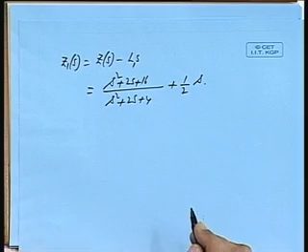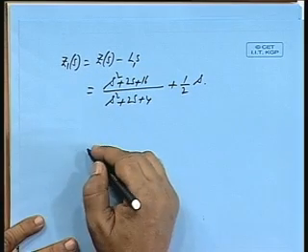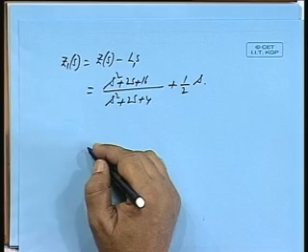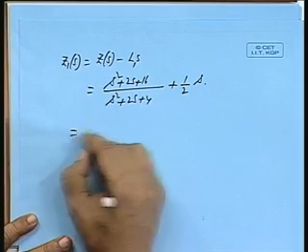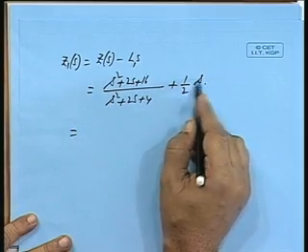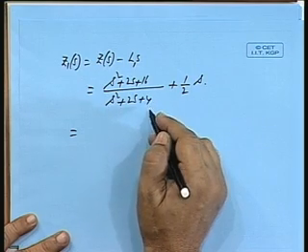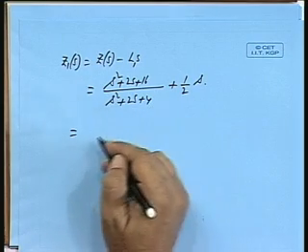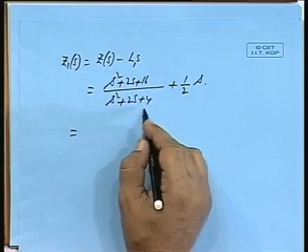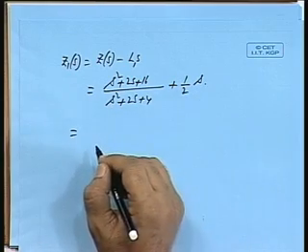Is that all right? So, add these two, what do you get by adding this? s squared plus 2s plus 16 by s squared plus 2s plus 4, plus half s. Is that all right?